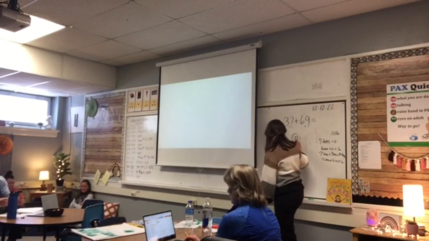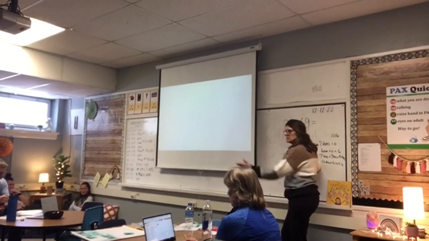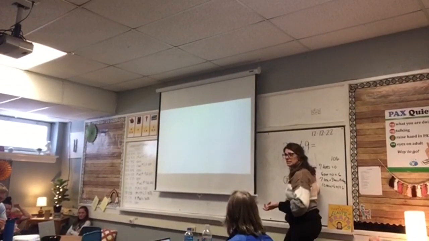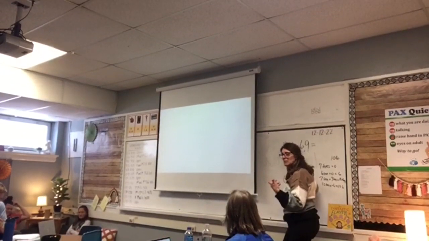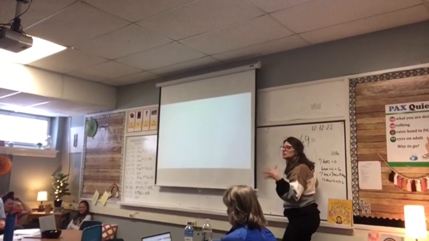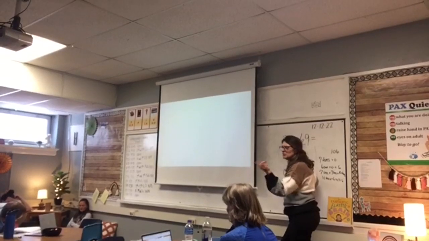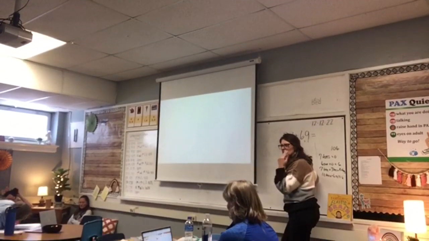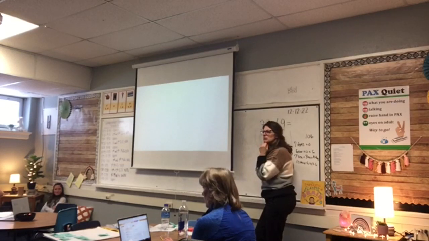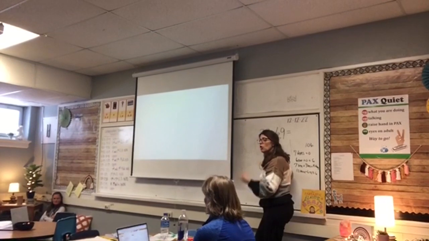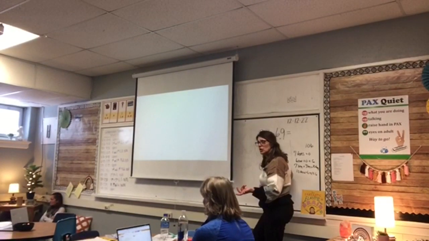The other thing that I would do from 10 to 20, because this is going to impact 3rd, 4th, and 5th at the same time, would be to take another week and build some games around doubles. If you just Google, or even in those North Carolina games, I feel like there are some. The North Carolina games have a lot of things, especially in 1st and 2nd, about doubles or doubles plus 1 strategies, or making 10 strategy.